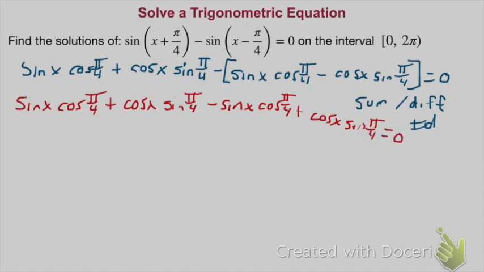Okay, when you look at this, hopefully you'll see that we have some like terms that we can combine. We have a sine x cosine pi fourths and a negative sine x cosine pi fourths. These are going to cancel out. Oh, and I forgot to put what I did. I did distribute.